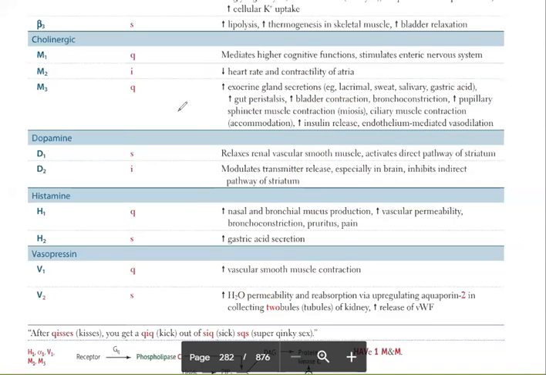So this is one thing that I want to tell you. Another thing is that in case of adverse effects, all these actions, these are all actions of acetylcholine and the drugs that are acetylcholine agonists.